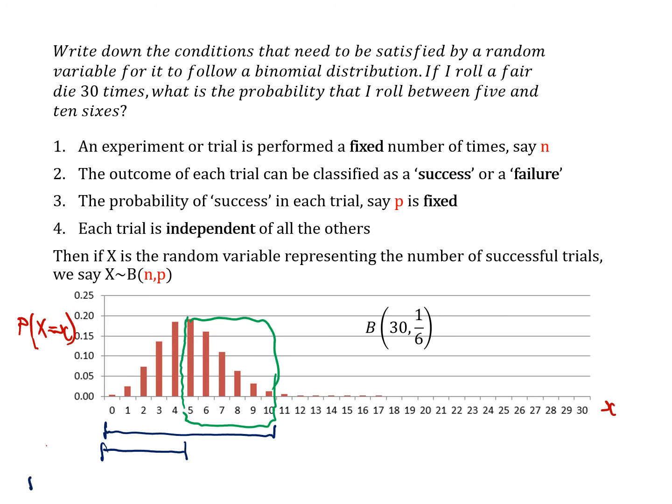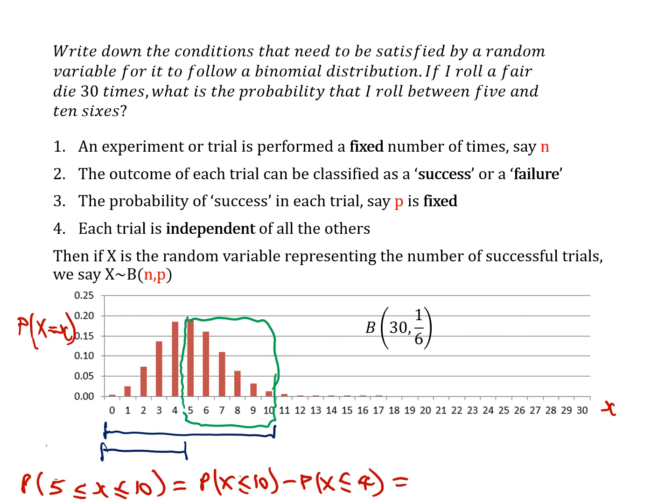So the probability that X lies between 5 and 10 is the probability that X is less than or equal to 10 minus the probability that X is less than or equal to 4.